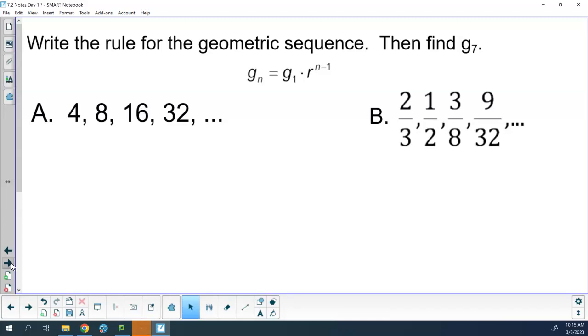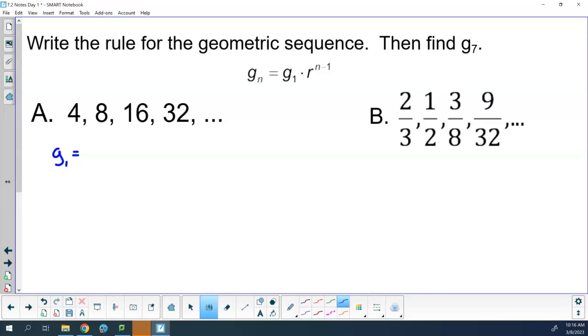So we want to write the rule for the geometric sequence, and then we want to find the seventh term. Okay? Well, if I'm going to be writing the rule, g sub n is going to equal my first term. So I should identify what my first term is. What is g sub 1 in this particular sequence? 4.